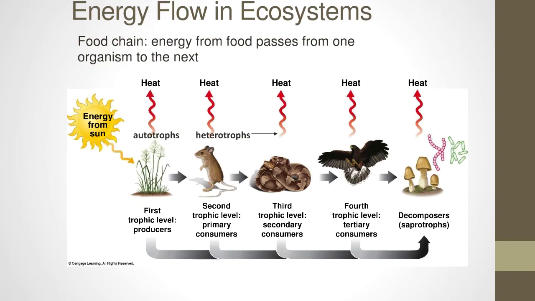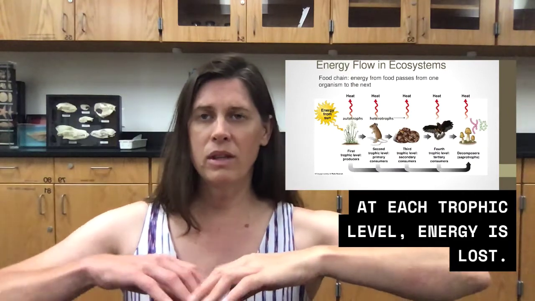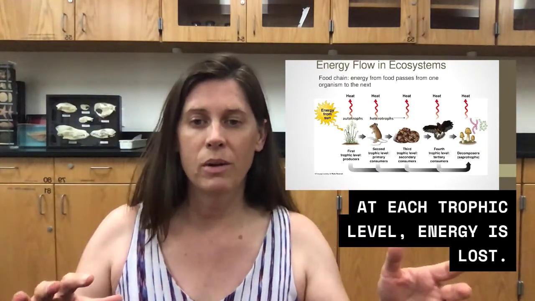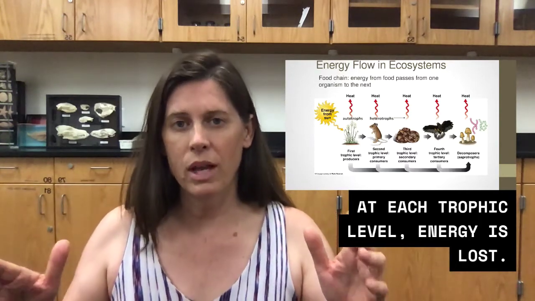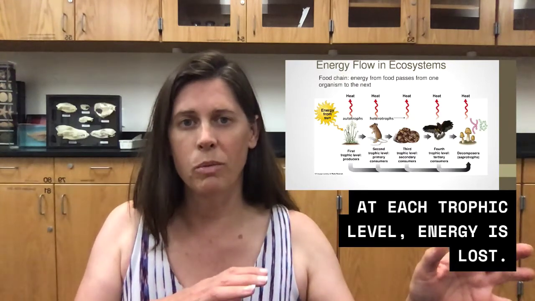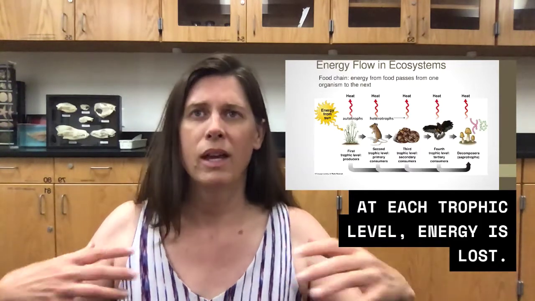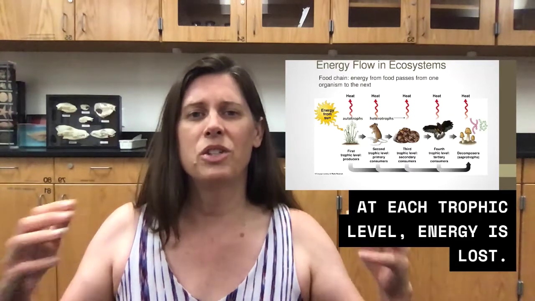So think about the number of plants on Earth. There's a lot more plants on Earth than there are animals, right? When you get to animals and you look at herbivores, there are a lot more herbivores than there are other types of consumers, right? So think about all the mice, the rats, the rabbits, the cows, the gazelles, the giraffes.